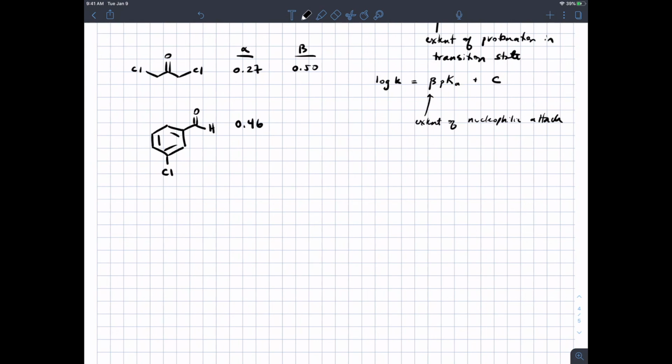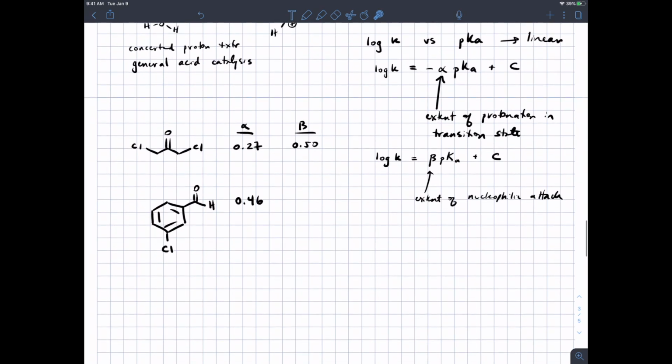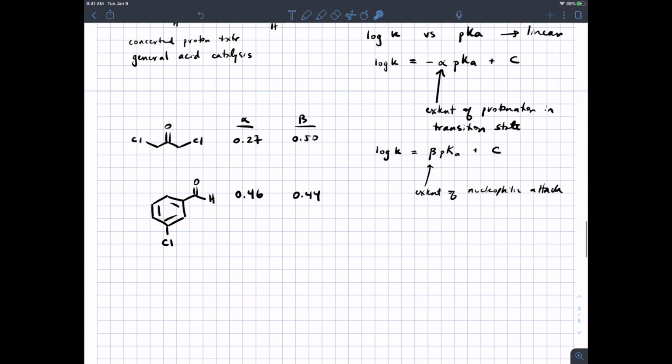They do vary. But what I meant was if you change the identity of the acid, you can generally plot the rate in this linear free energy relationship and get a slope that is a constant. So for this particular 3-chlorobenzaldehyde, the extent of protonation versus nucleophilic attack in the transition state is about equal.